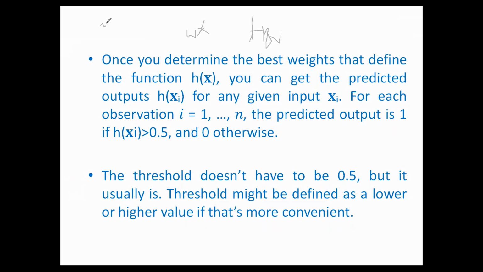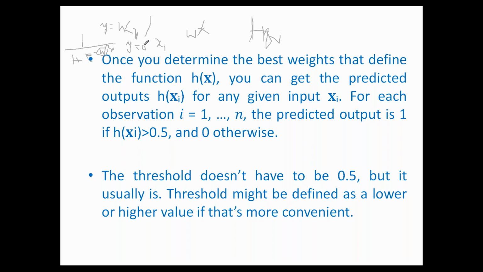So you know that y is equal to h of x according to the hypothesis function h of x, which is the logistic function, something like 1 by 1 plus e power minus w transpose x. So you have found the weights. Now substitute these weights in this and you will get y. Suppose you have some input xi, substitute that xi in 1 by 1 plus e power minus w transpose x, and suppose you got y is equal to 0.8.